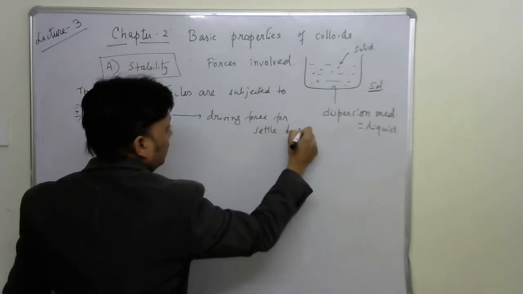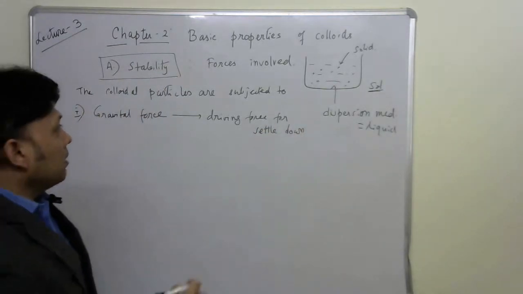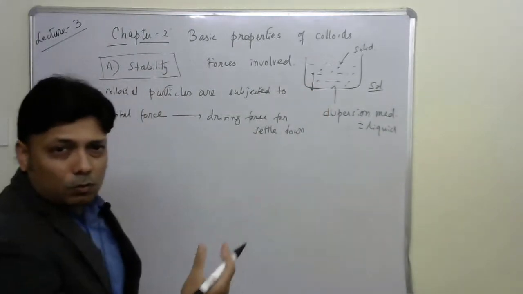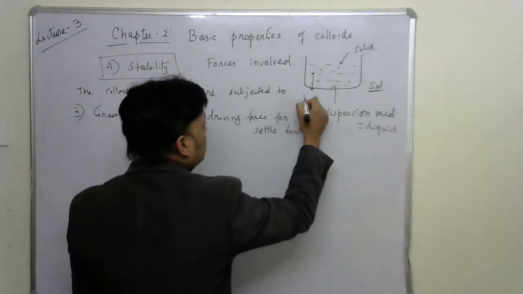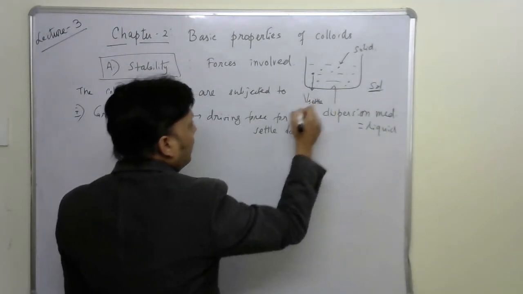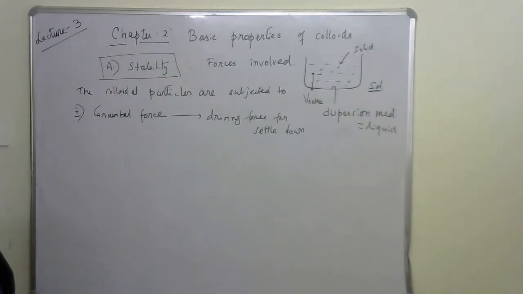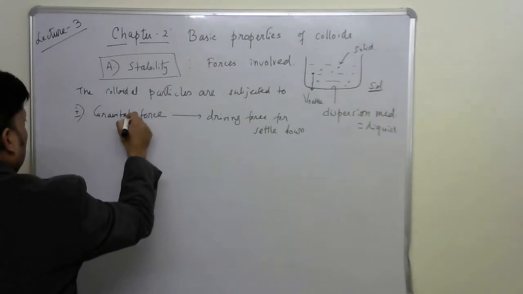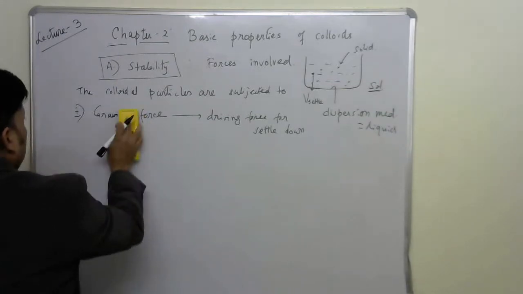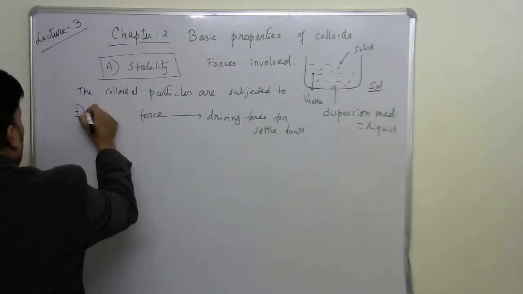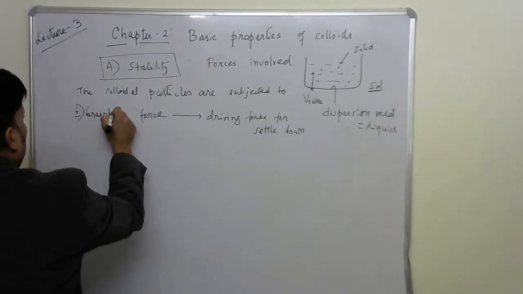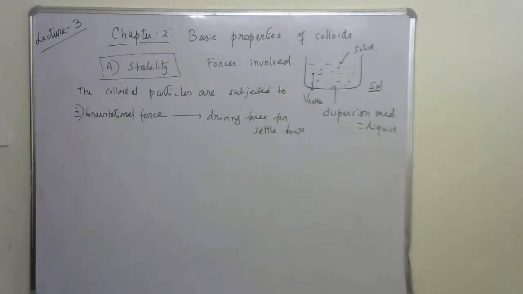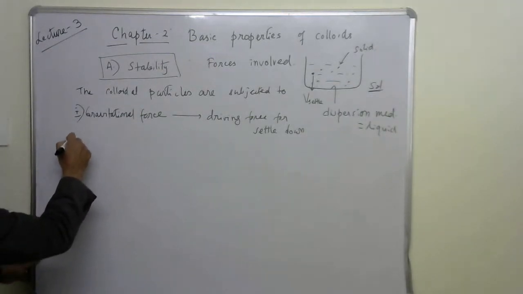If a particle is settling down, it would settle down with some velocity, and that velocity we can call the settlement velocity, or v subscript settle.